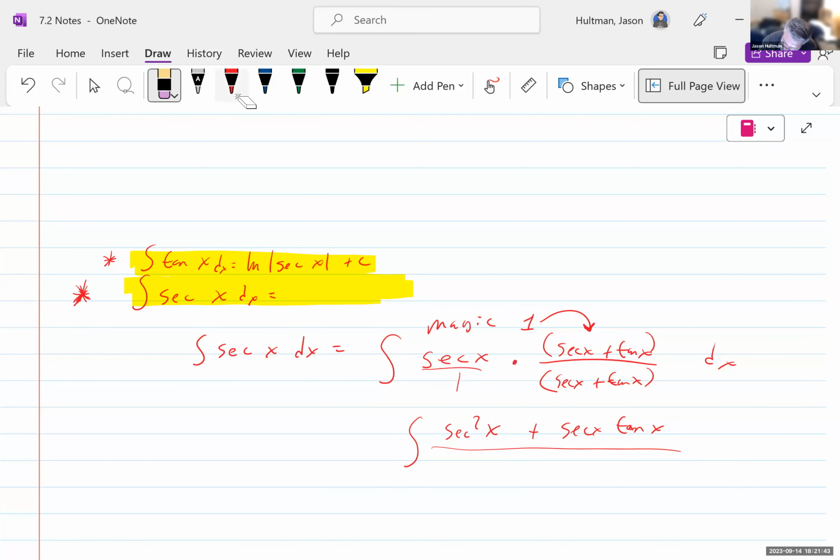Or I might write it as tangent x plus secant x. Either way is fine. What's so special or so nice about this? Can anybody see why that magic one made things so incredibly nice?